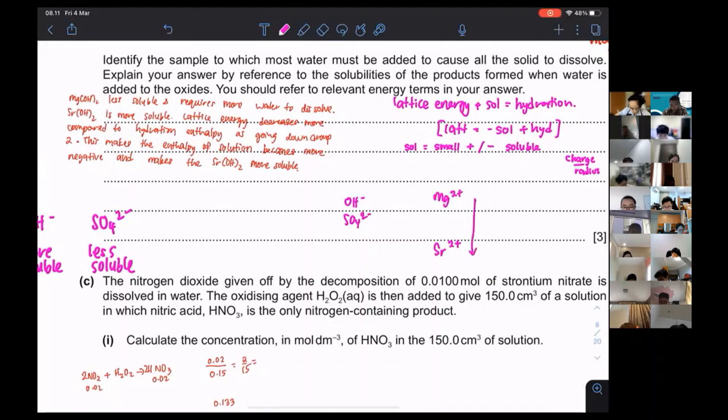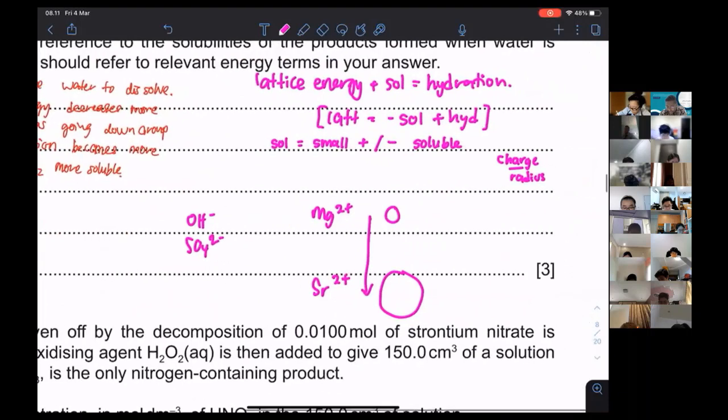As you go down, the charge is the same, but the ionic radius is increasing. If the ionic radius is increasing, you should know that both your lattice energy and hydration are decreasing. That is very, very important.